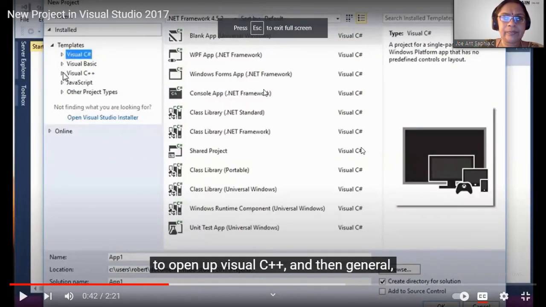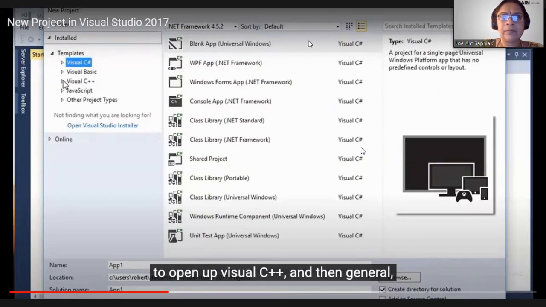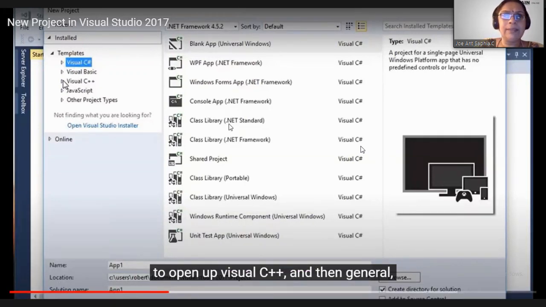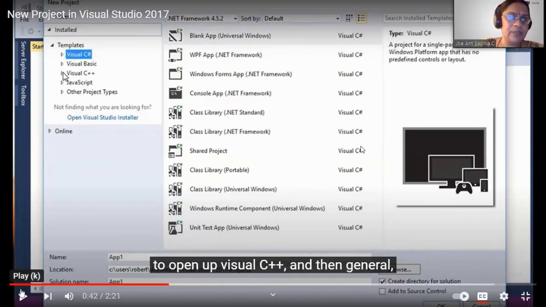Are you able to see my screen? If you see here, you can see .NET Framework, Console App, WPF, Visual C++. These are the languages and other project types. So this is the way the project type will be applied. If you want to change, you can change here also.